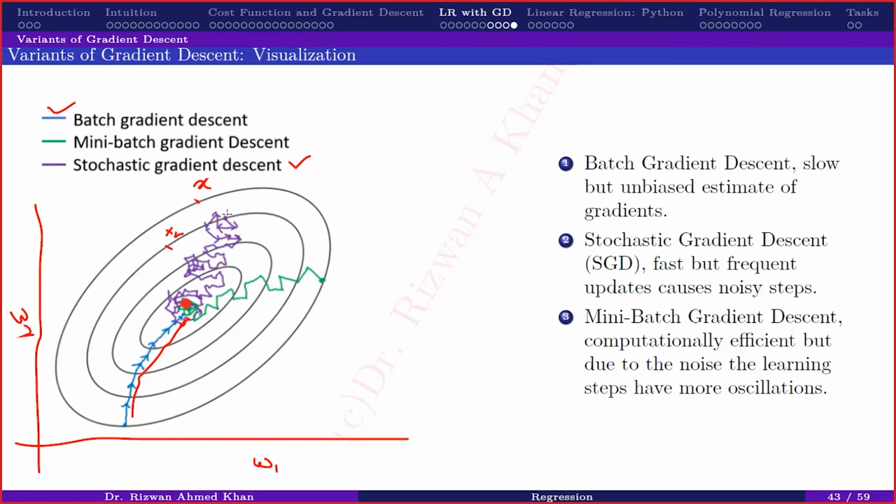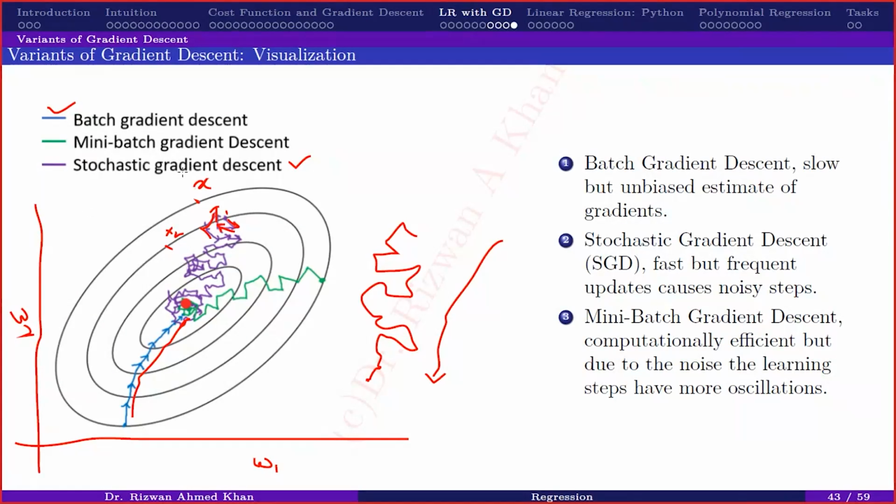So let's say the algorithm starts over here, it takes a step in this direction after looking at one example, then with another example it changes direction, then goes back upward, then again downwards. So it goes something like this to reach the global minima. On the other hand, batch gradient descent just does this, but it's very slow.